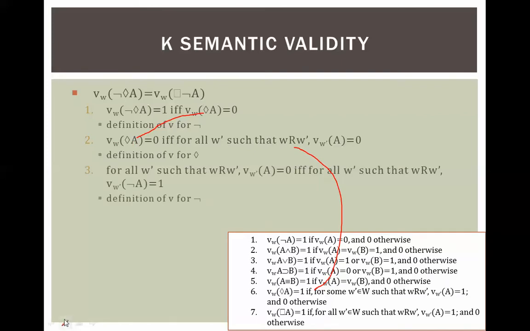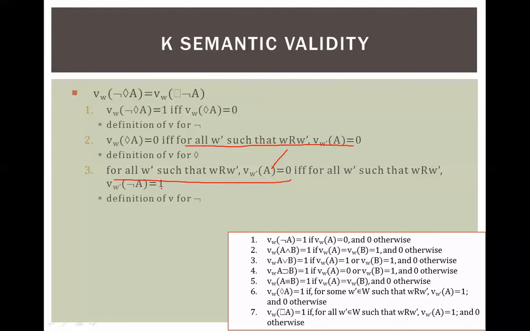Alright, for all W, so here we have this right here is equal to this right here, right? For all W prime such that W is related to W prime, the truth value at W prime of A is 0 if and only if for all W prime such that W is related to W prime, the truth value at W prime of not A is 1.